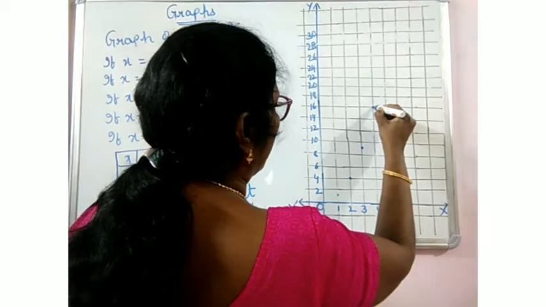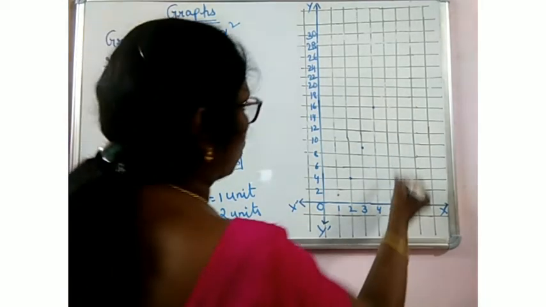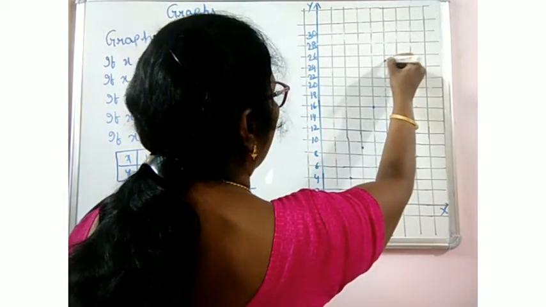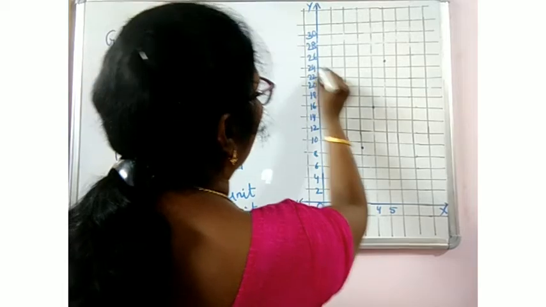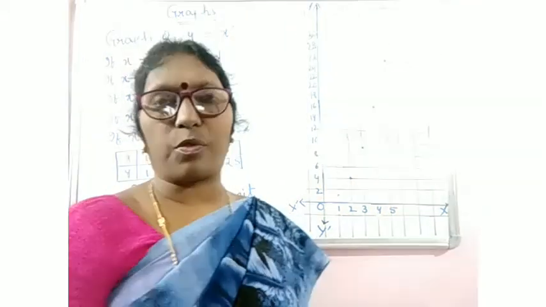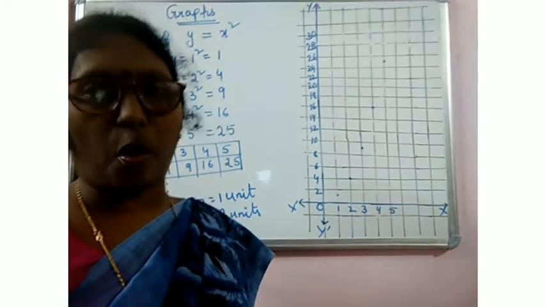That is here. Next, X coordinate is 5, Y coordinate is 25. 25 is in between 24 and 26. I hope this is clear to you, how I have plotted the points.